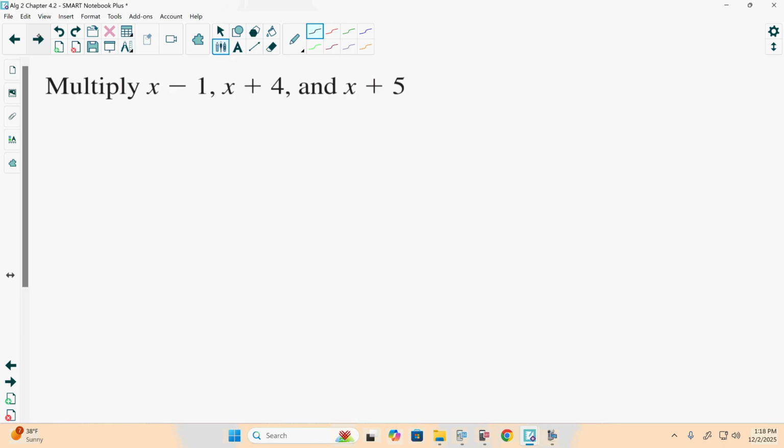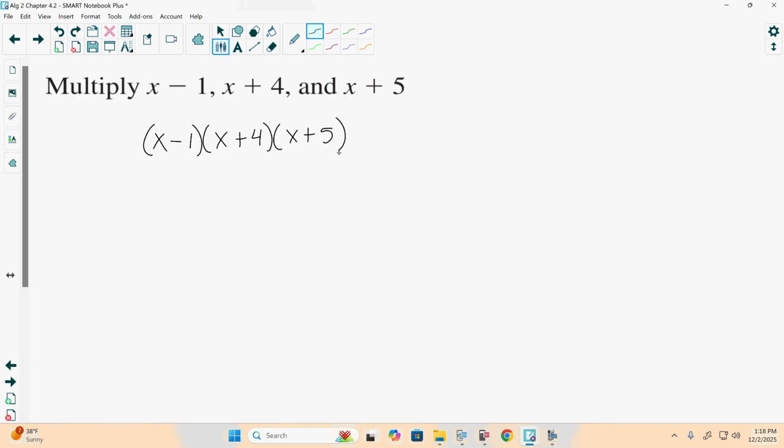Even doing this here, having 3 terms is not anything hugely different. We just have to do 2 at a time. So the first thing that I would do is I would just pick 2 of them that I want to multiply together first. I normally pick the 2 that will be nicer or simpler to multiply first.